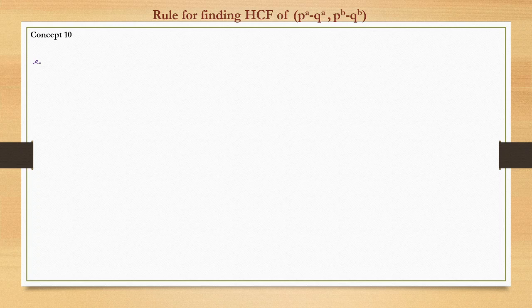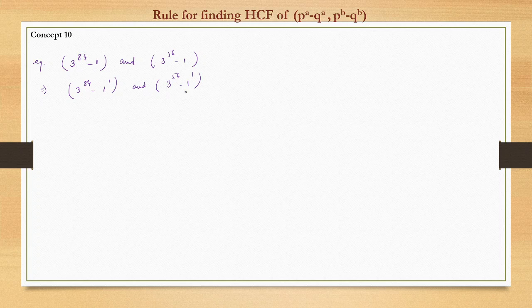So say for example, we'll take 3 raised to power 84 minus 1 and 3 raised to power 56 minus 1. Here you can write the same thing: 3 raised to power 84 minus 1 raised to power 1 and 3 raised to power 56 minus 1 raised to power 1.